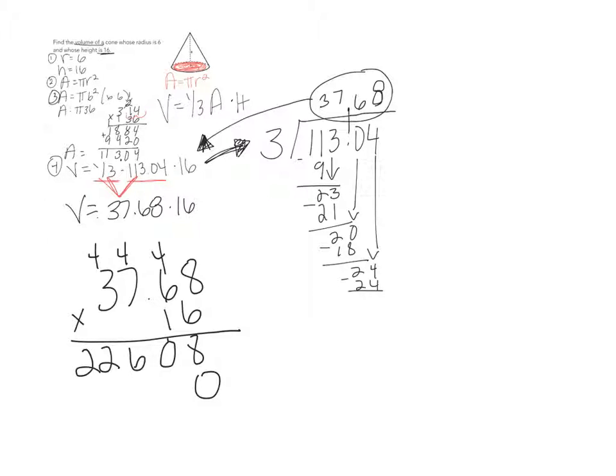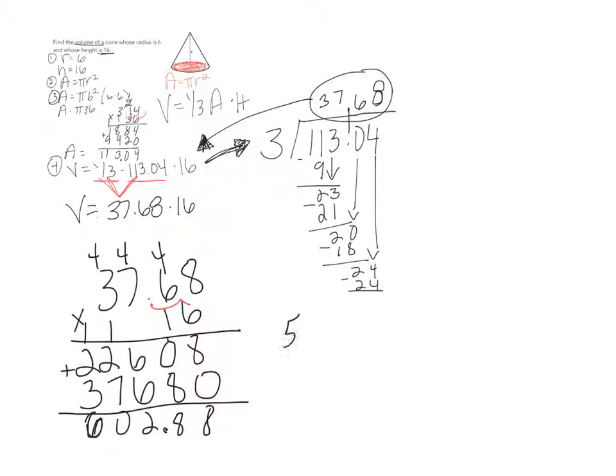So 1 times 8, 1 times 6, 1 times 7, and 1 times 3. And add all these up in nice, neat lines. 8, 8, 6 plus 6 is 12. 7 plus 3 is 10. And 3 plus 2 plus 1 is 6. There's my 6. And let's not forget our decimal point. 2 places in, 2 places in, right here.